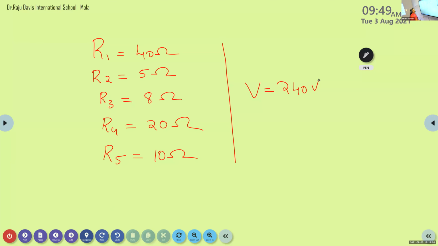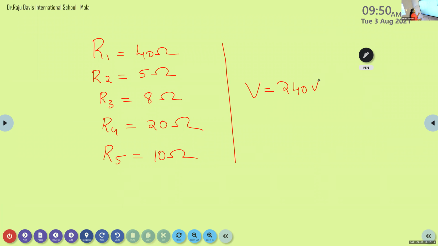R1 40 ohm, R2 5 ohm, R3 equal to 8 ohm, R4 equal to 20 ohm and R5 equal to 10 ohm, and it is connected to a circuit with a potential difference V equal to 240 volt. And one more clue is provided in the question: all these resistors are connected in parallel.